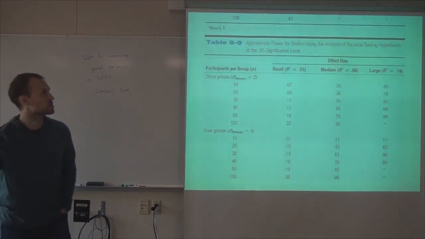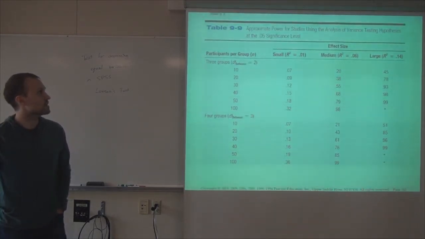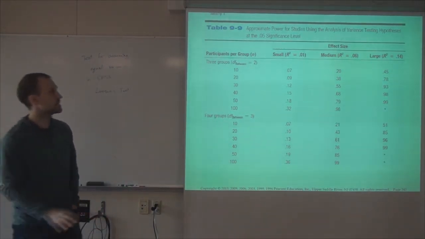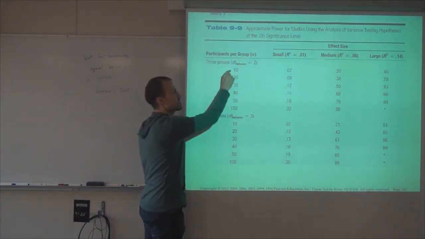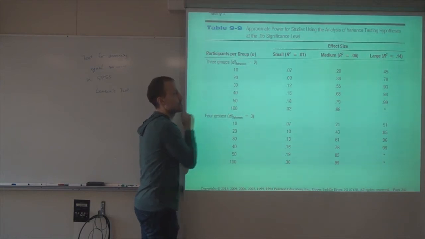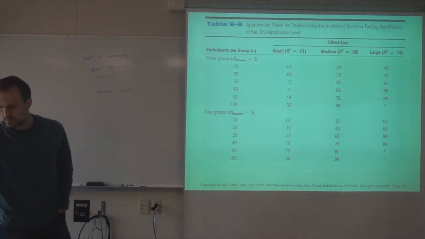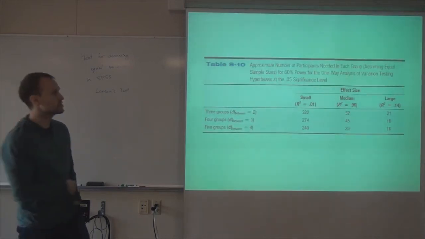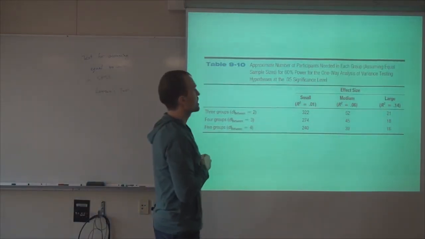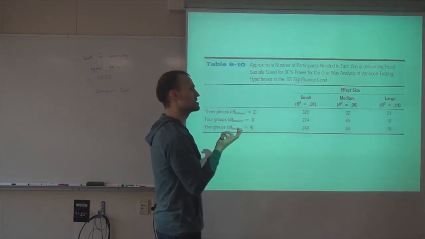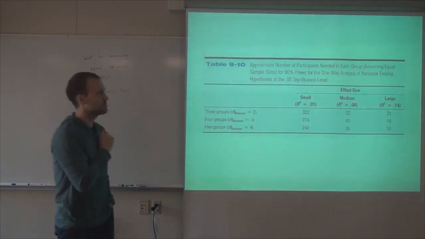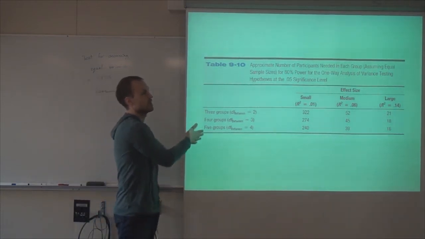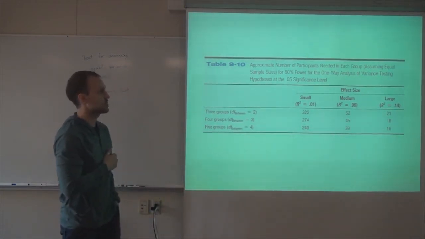Another table that we can use that I find sometimes, so this is just different groups, 3 groups, 4 groups, and the sample size that I assume to be equal for all of them. 3, 4, 5, those are the common ones. And I can also use this table, which looks at a different way to get an 80% power in a different effect size and number of groups situations.